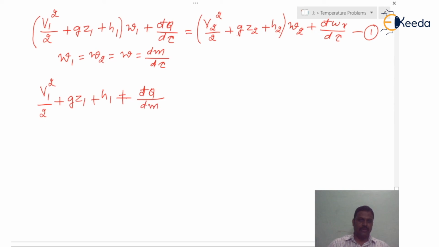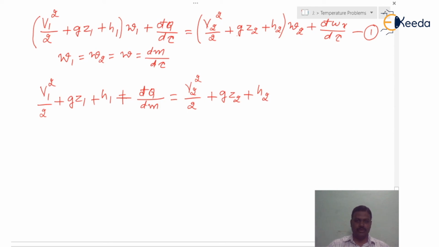So if this dq divided by d tau is divided by dm divided by d tau, the denominator of the denominator goes to the numerator, so d tau gets cancelled. Then the numerator of the denominator remains in the denominator, so dm remains in the denominator in this term, that is dq divided by dm, that is equal to V2 square divided by 2 plus Gz2 plus H2.